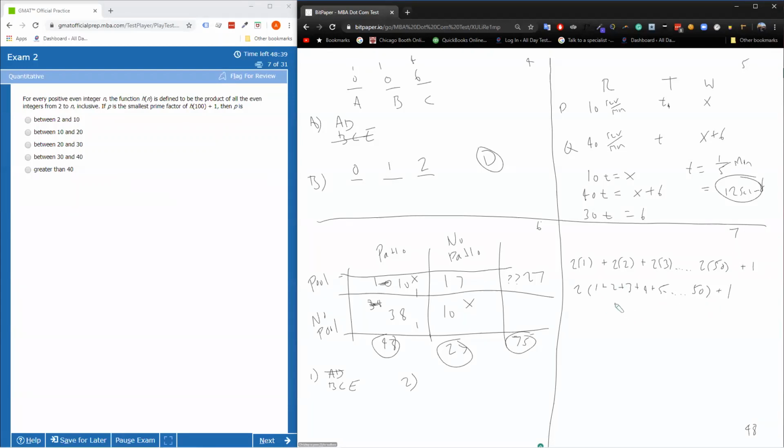The sum of these numbers here is going to be 51 over 2, which is 50.5, 2 times plus 1, is this right? So 102.